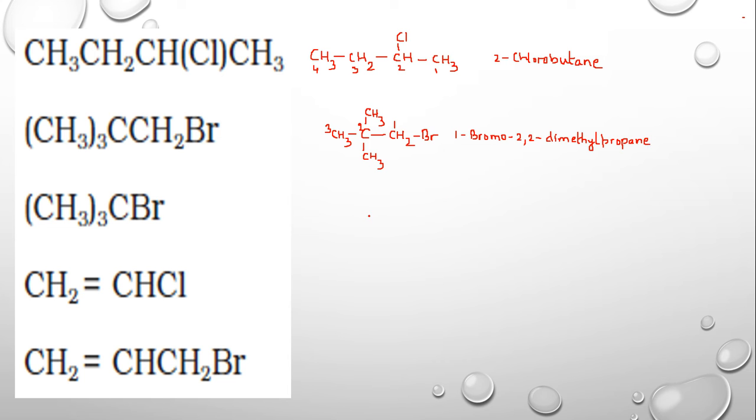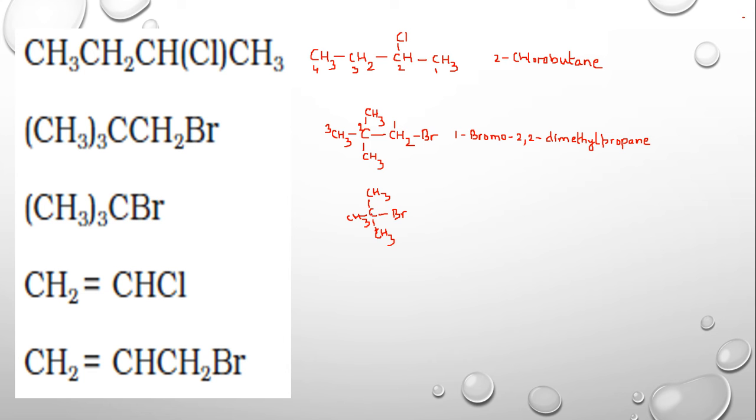Come to next example. So you have CH3 thrice CBr. Split the structure, write down in bond form. So you have CH3, which is attached to C, which is attached to 3 CH3s, and that carbon atom is attached to Br. Give the numbering. So you have 1, 2, and 3 carbon atoms.